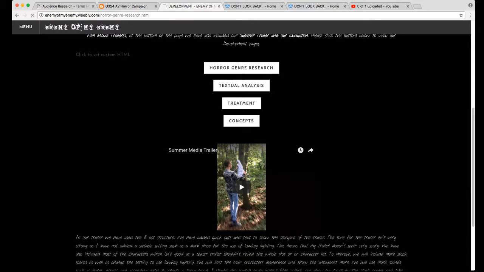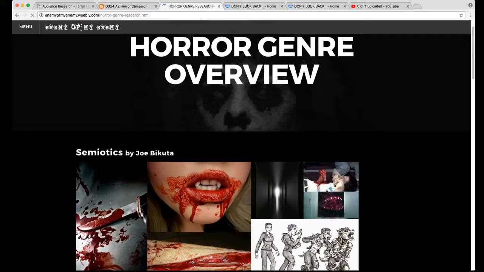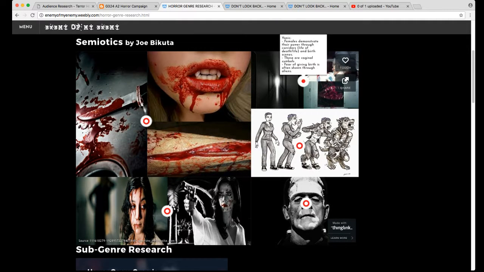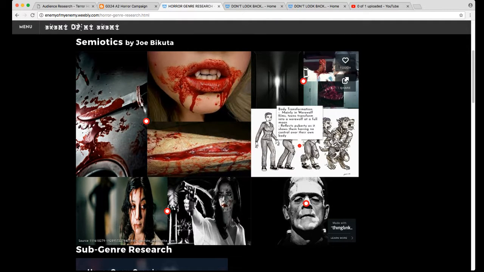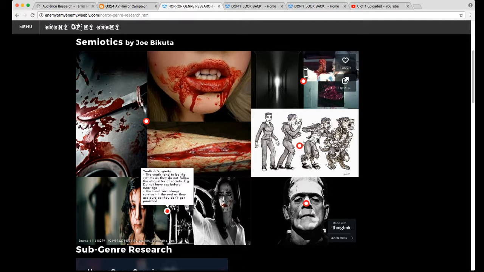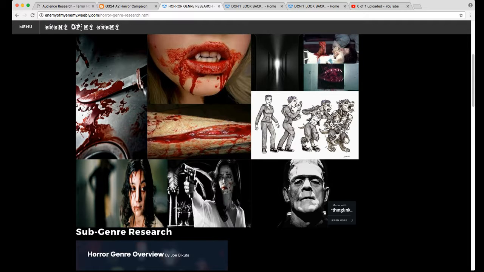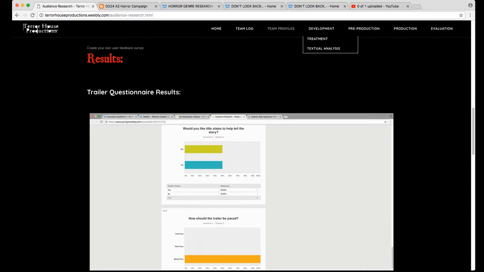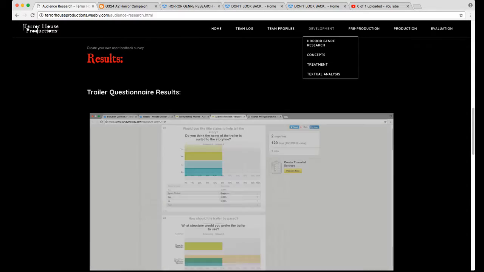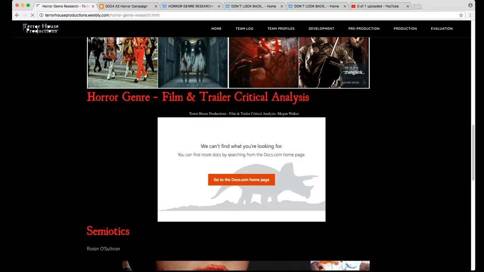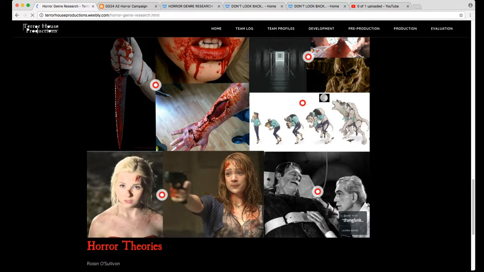So if we look at your genre research first of all, okay, so we've got a mood board, which is about semiotics. Okay, very good. Yep. So what you might want to think about now is putting that bit of commentary underneath that we talked about. So again, if we look at our model one, which is Terror House, we could think about how we could show that we can apply some of this on there.